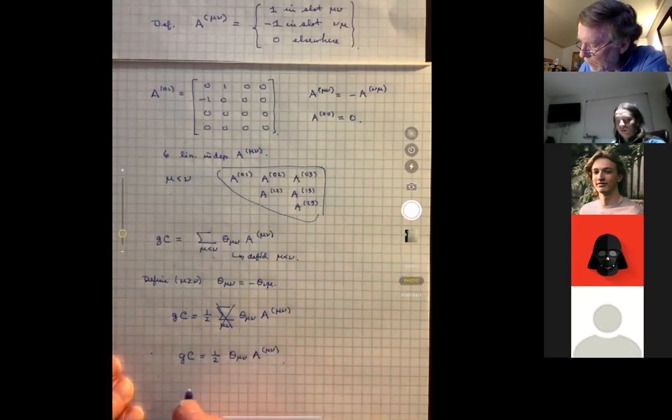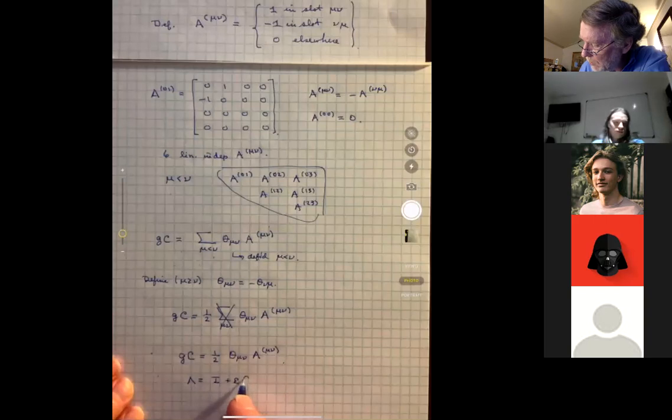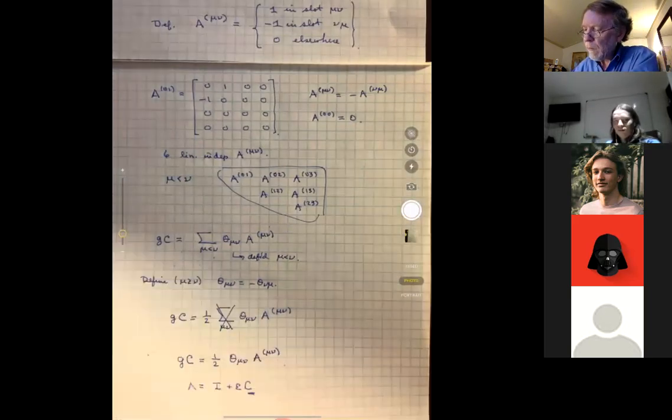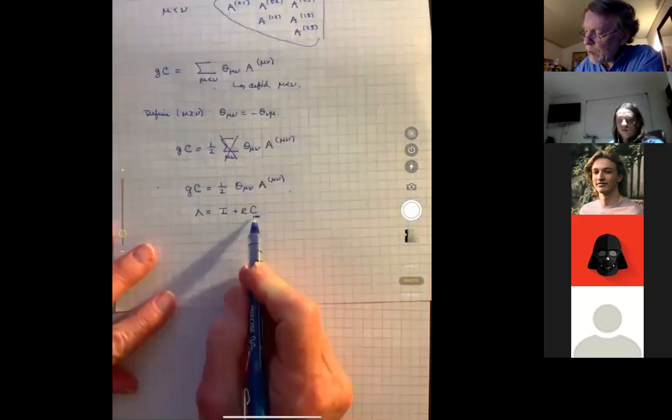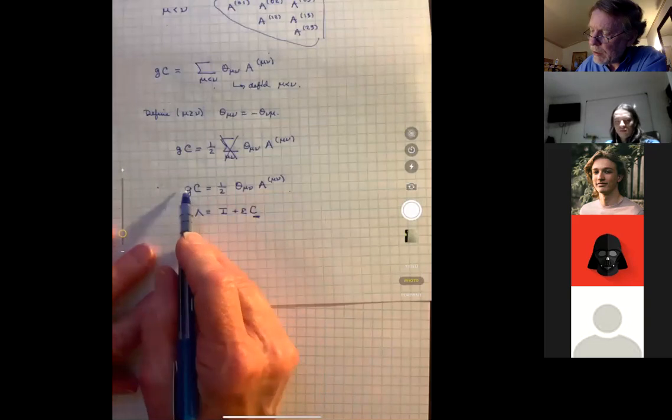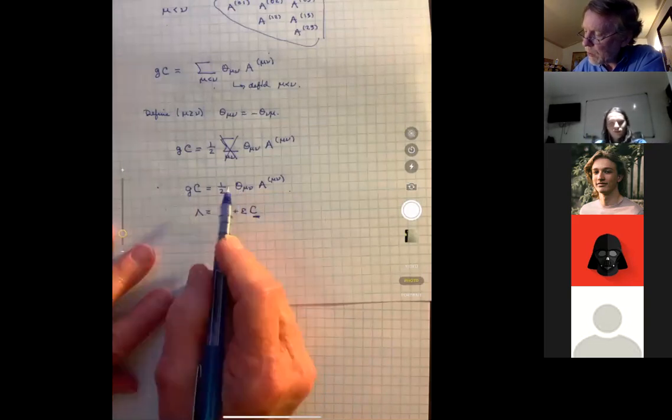Okay, and remember, by the way, that lambda was equal to identity plus epsilon times C, so that C was the correction matrix for a Lorentz transformation, thereby being a member of the Lie algebra. That's what that means. So to get C, which is going to appear in the infinitesimal Lorentz transformation, I need to clear the G. So let me multiply through by G inverse.